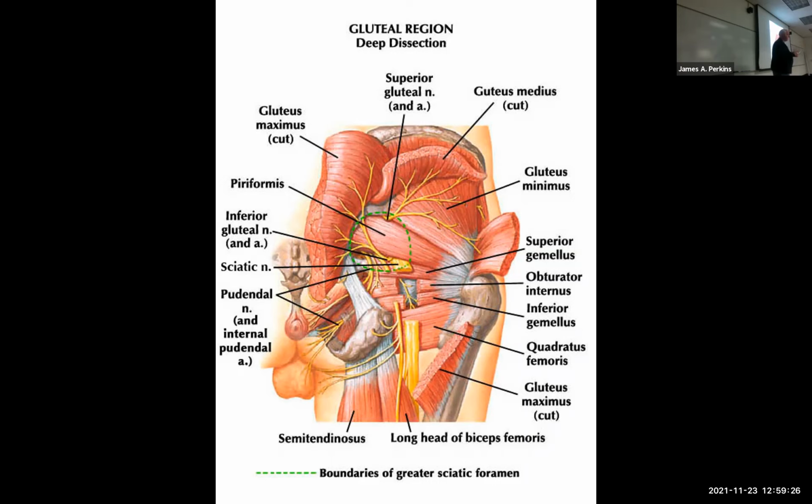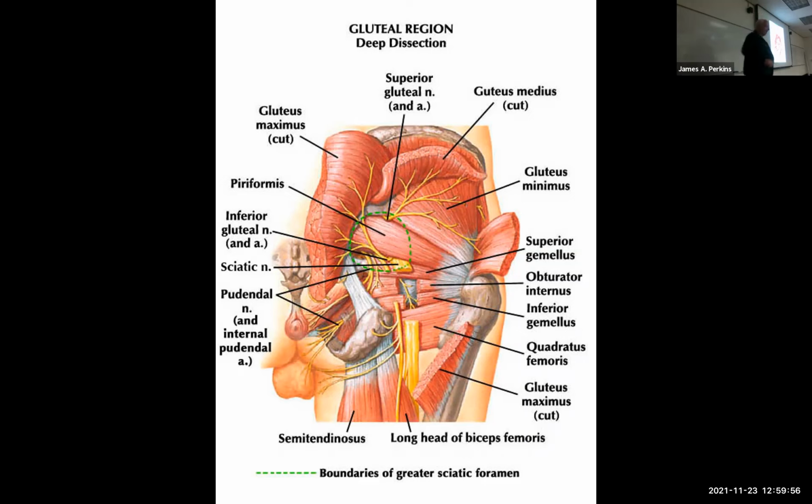S1 and 2 are two of them. What's that? And S3 also. And they join something coming from the lumbar spine also. L4 and L5. Somebody got L4 and L5.